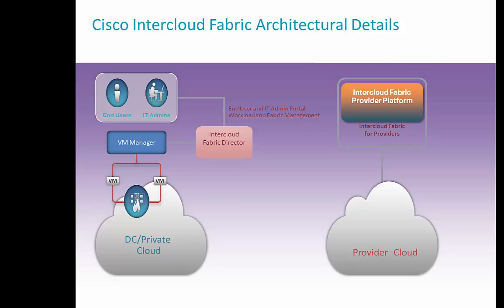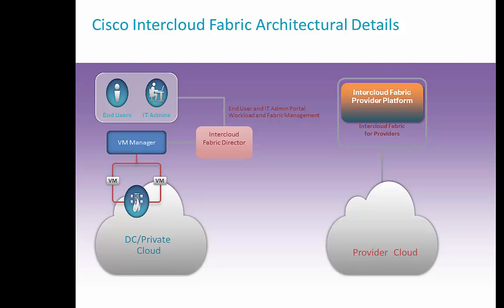The main heart of ICF is your ICF Director. As far as users and admins are concerned, that's where they log in and interact, and it connects to the vCenter, which is a VM manager, and manages that part.